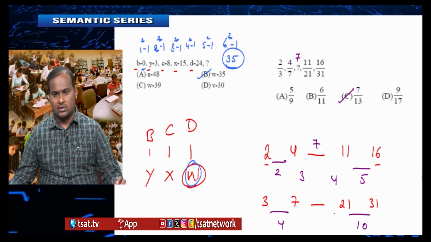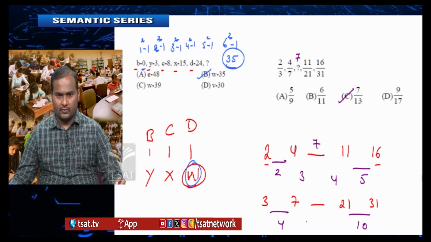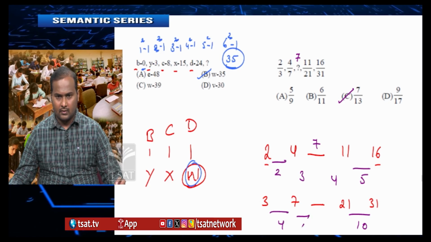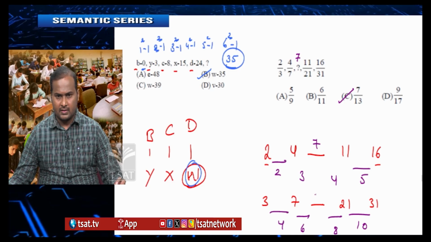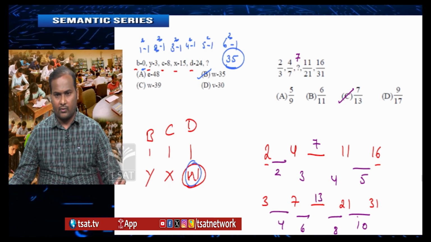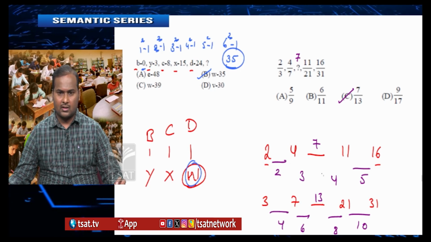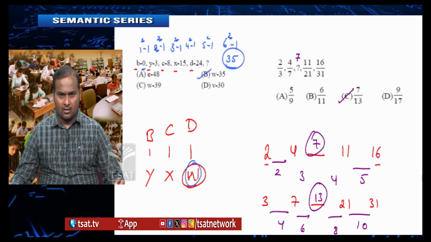What might be possible in between? That is 4, 6, 8, 10. So the difference here will be 6 and here it will be 8. So 7 plus 6 is 13, 13 plus 8 is 21, 21 plus 10 is 31. So your answer is 7 by 13.